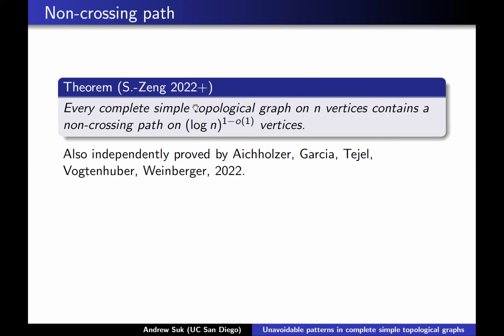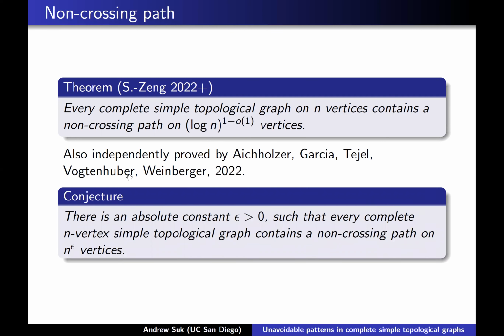But we actually conjectured something much stronger. We conjectured that you can find a much larger non-crossing path in a complete simple topological graph. That is, there's an absolute constant epsilon such that every complete n-vertex simple topological graph contains a non-crossing path on n^epsilon vertices.